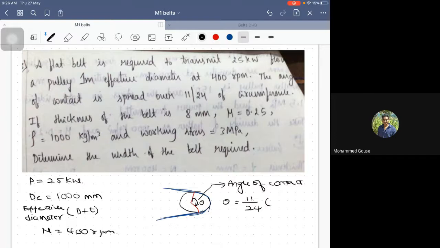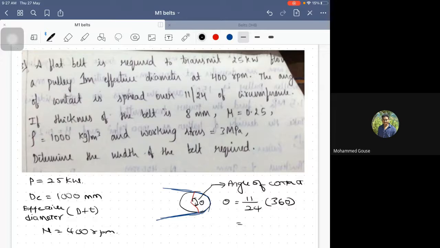Circumference in the sense is the total, from one point to the full point. How many degrees in a full circle? Circumference in the sense it is total. So what is the maximum degree that you can get? 360, isn't it? So it would be 11 by 24 of 360.